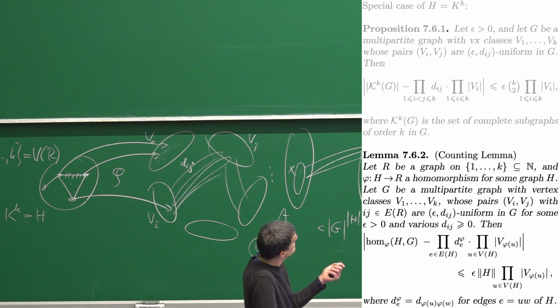Okay, so let's look at the product of the two big products from which the number of homomorphisms has to differ only a little bit. The right product is again the number of ways in which we can choose images for the vertices little u of H. For every vertex little u of H, we know which class it has to go to, namely V index phi of u.